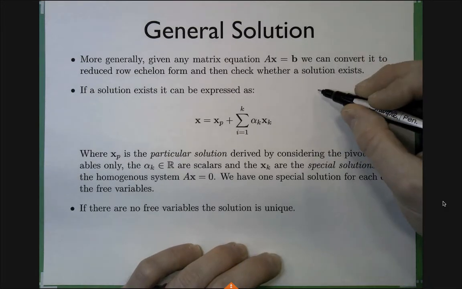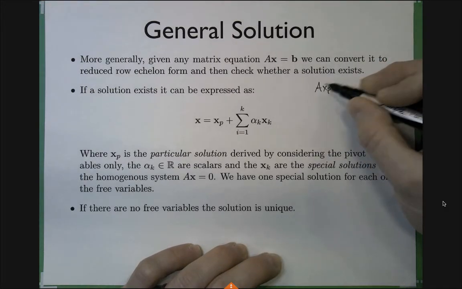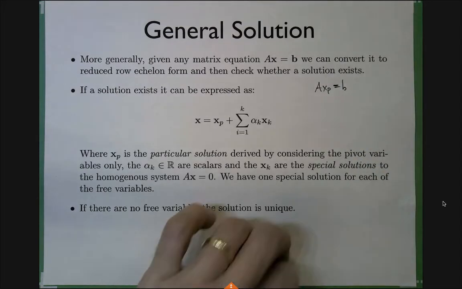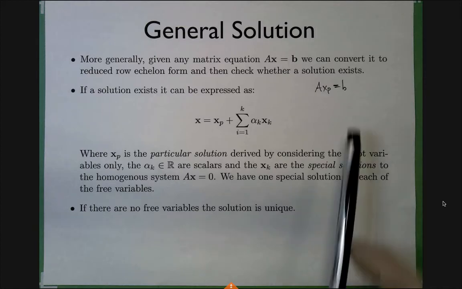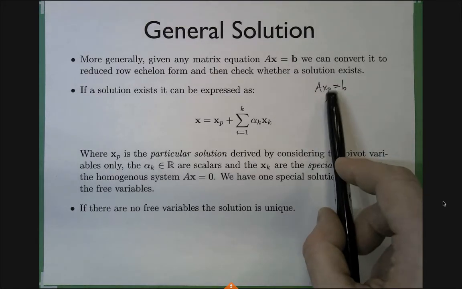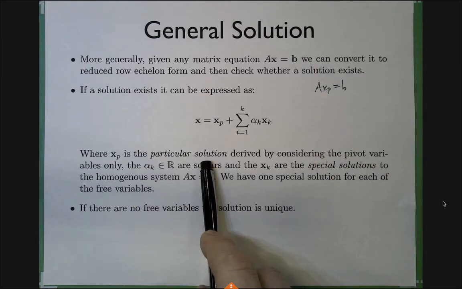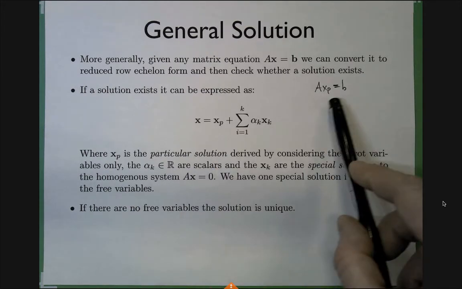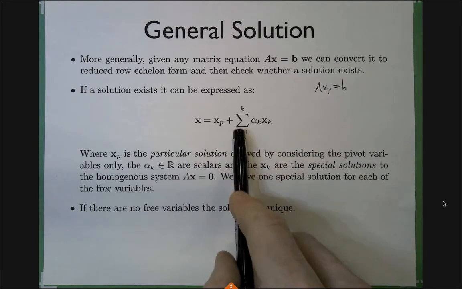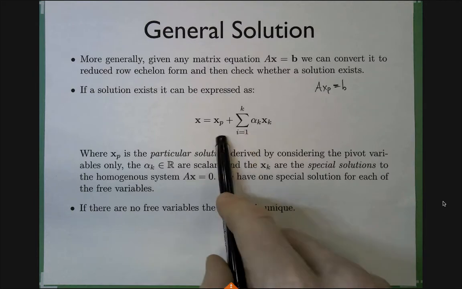So if I give you one solution, xp, that solves A xp equals b, then the set of all possible solutions I can write like this. It doesn't have to exist; we will discuss when it does.